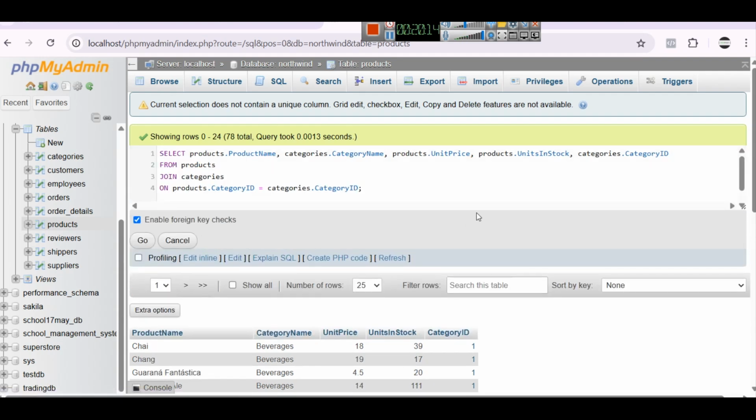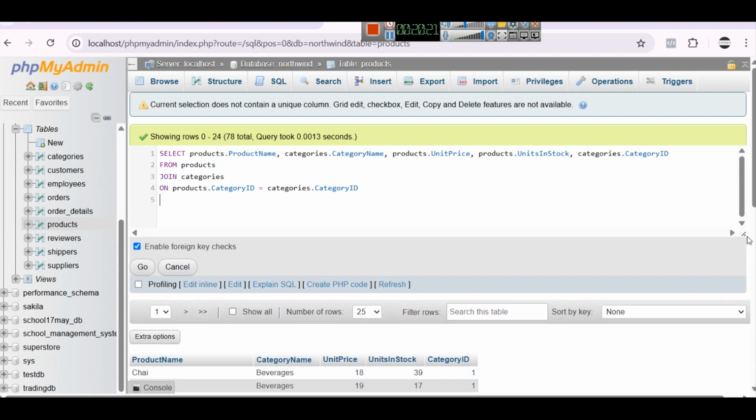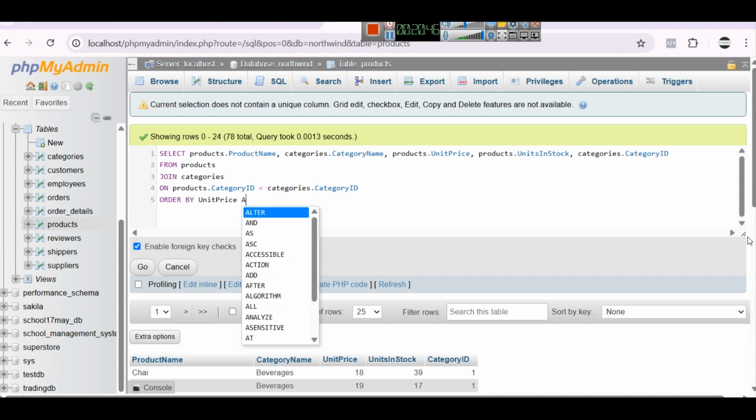Now suppose I want to order it as per unit price. So what will I do? I will write order by, because order by is something that we do at the end. The logic is that once your result is prepared, only then will you order that result. Usually we order by writing order by unit price ASC.